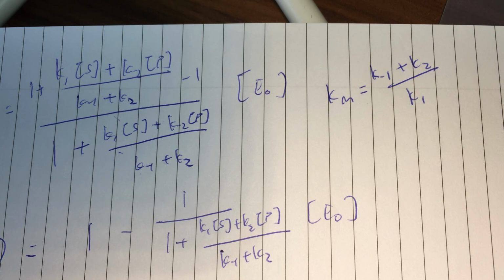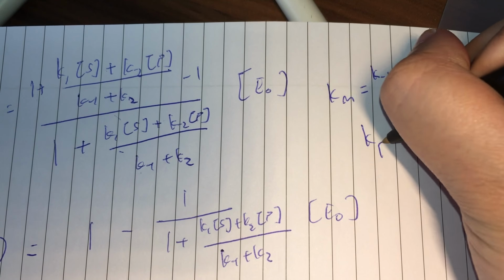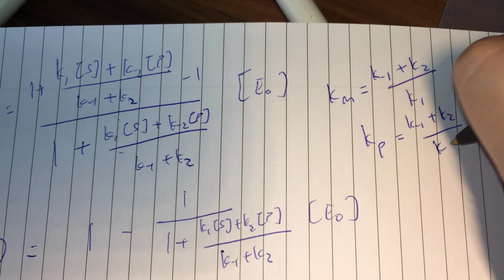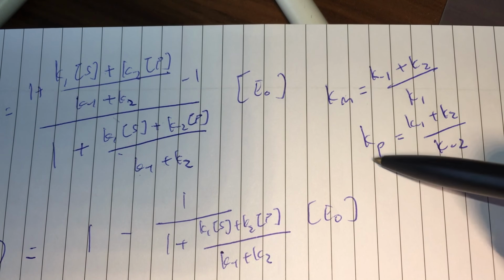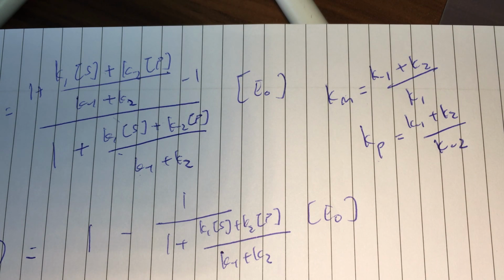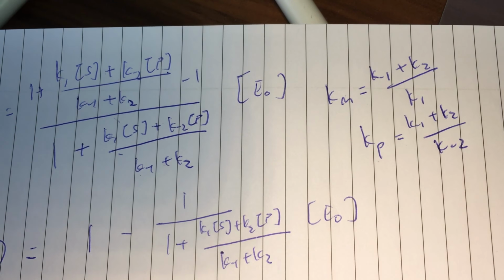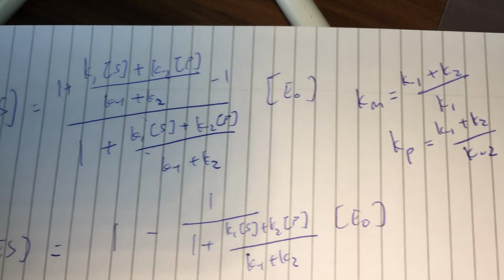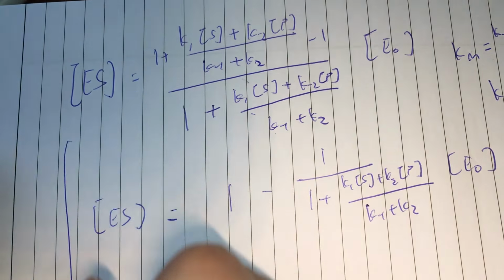And second, we're going to call Kp equals (k minus 1 plus k2) over k minus 2. Okay, we're going to substitute these into our equations here so that it's a lot easier to derive. So let's just go and do that.